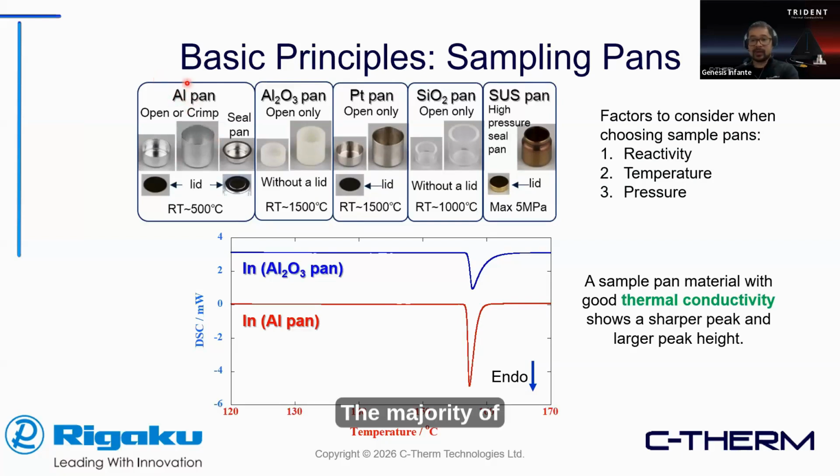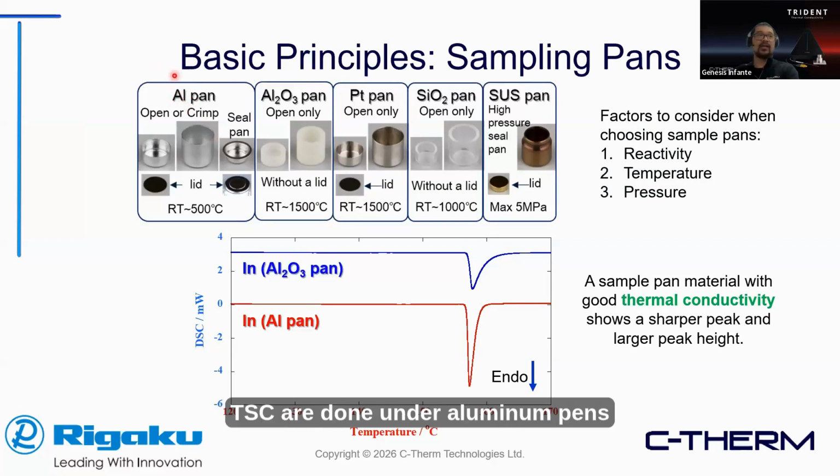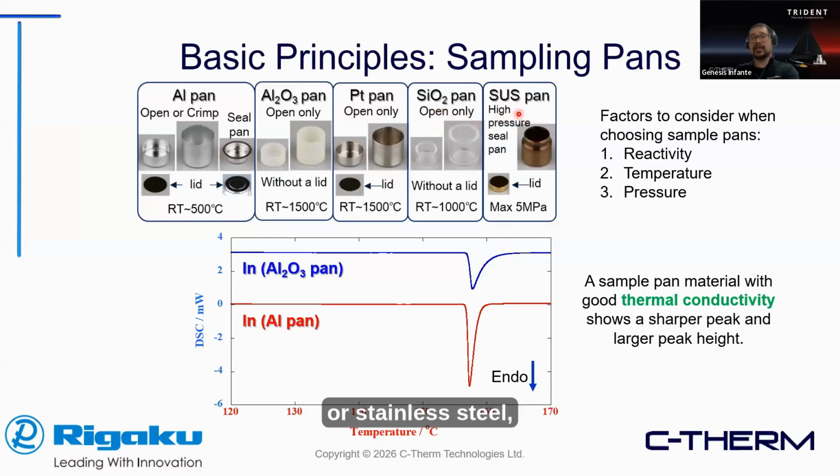The majority of DSC are done under aluminum pans, or ceramic alumina, and platinum pans typically are used for high temperature applications. And in some cases, less commonly used are glass or stainless steel, depending on your application.